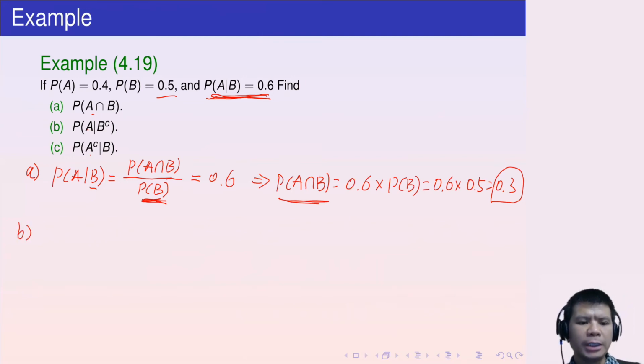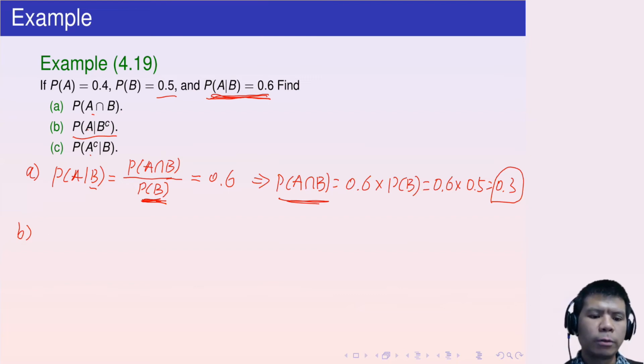Similarly for part B, it's the conditional probability of A given B complement. Be careful. Here A is the event of interest, and the event that serves as a condition is now B complement.